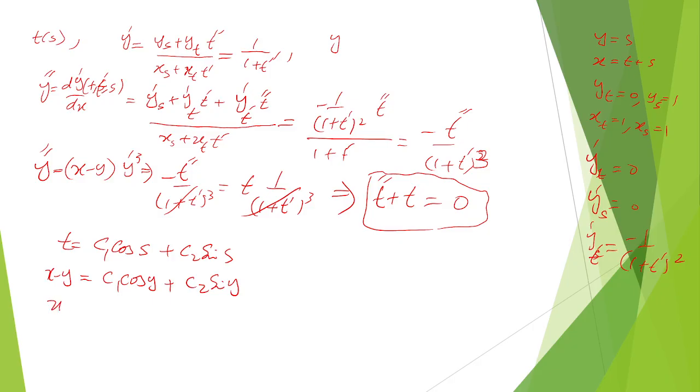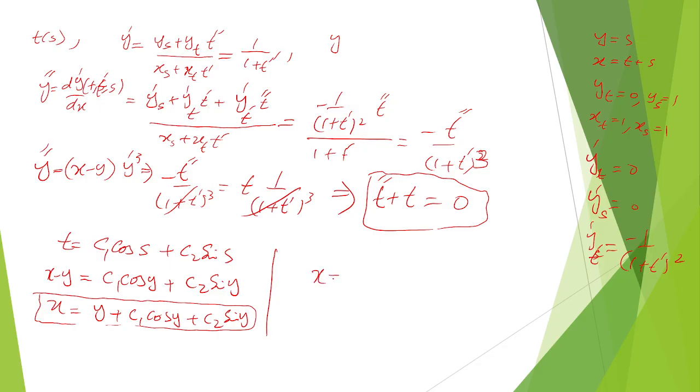So x is equal to y plus c1 cos y plus c2 sin y. So this is the solution of the original differential equation, and we previously found the solution, which is this one.